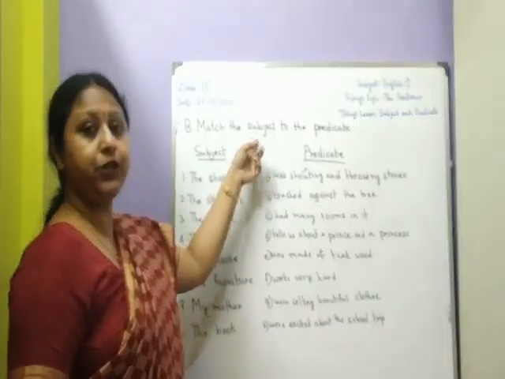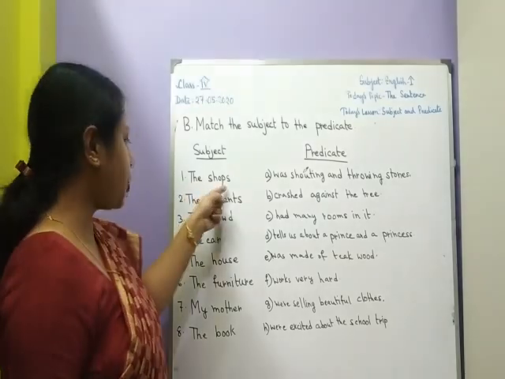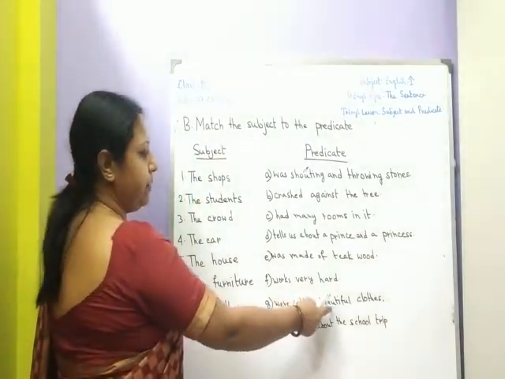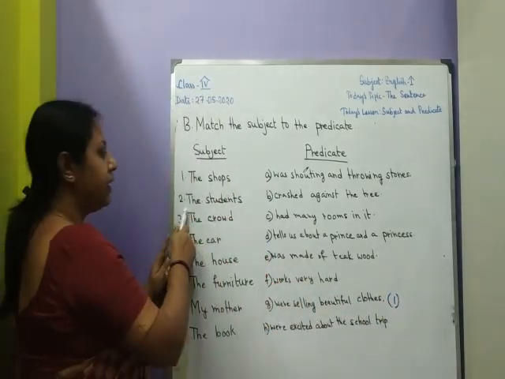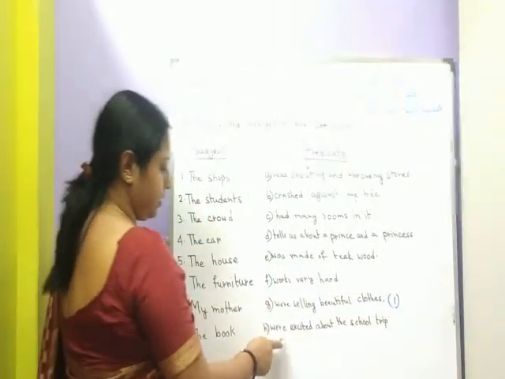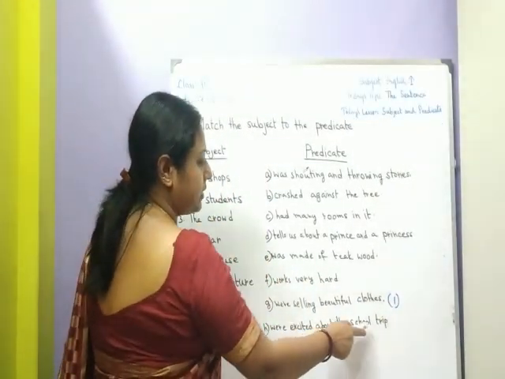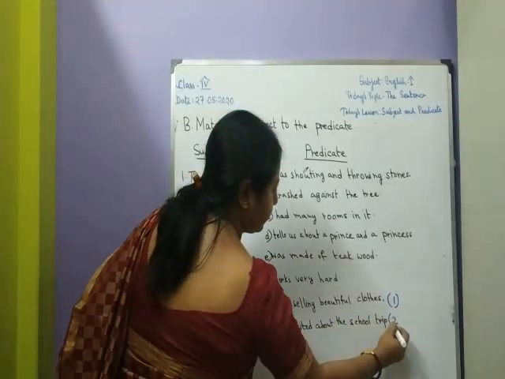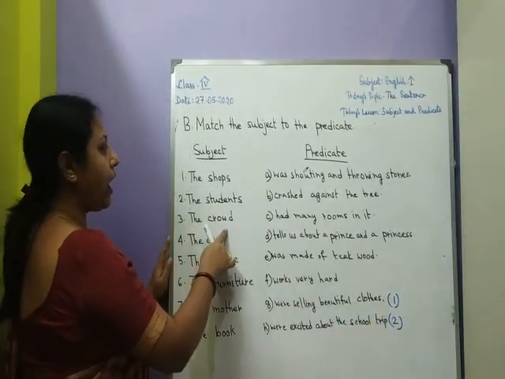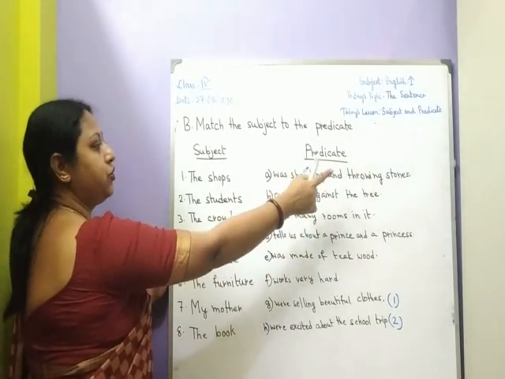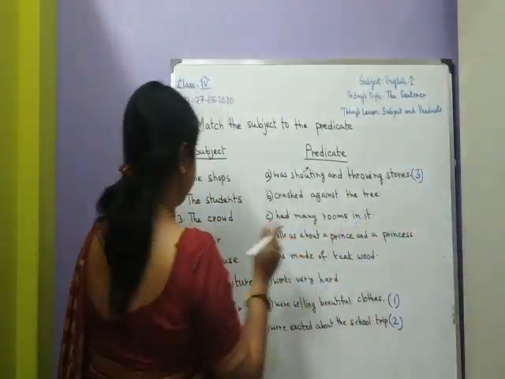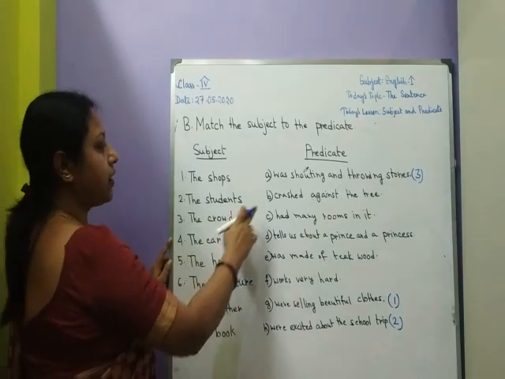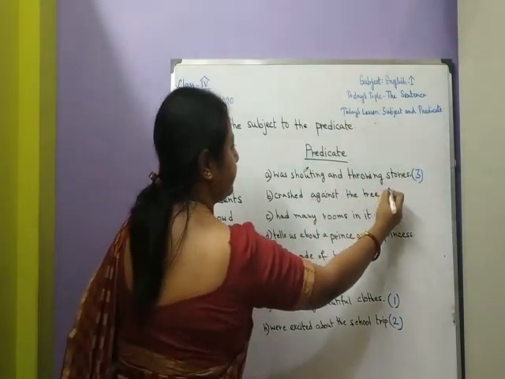Match the subject to the predicate. The shops were selling beautiful clothes. The students were excited about the school trip. The crowd was shouting and throwing stones. The car crashed against the tree.